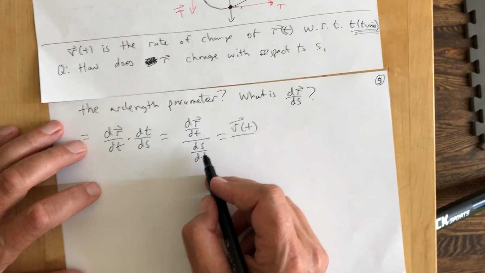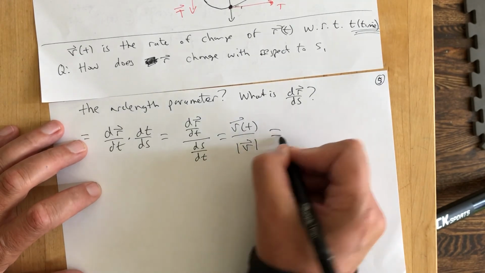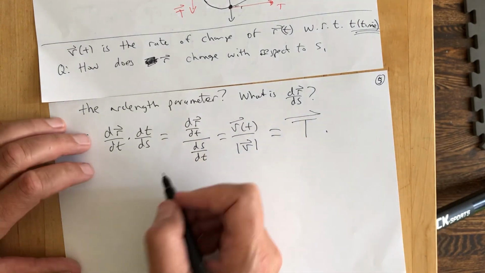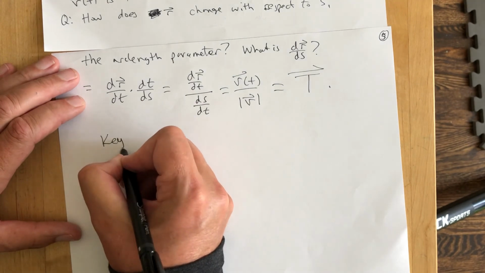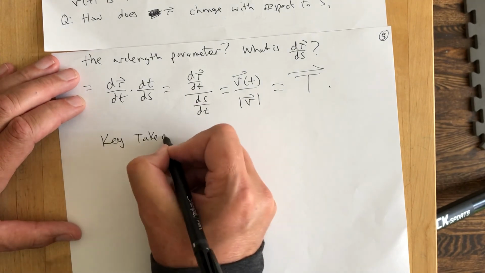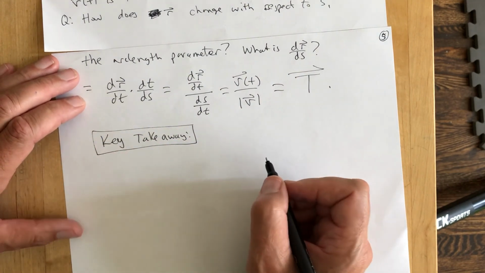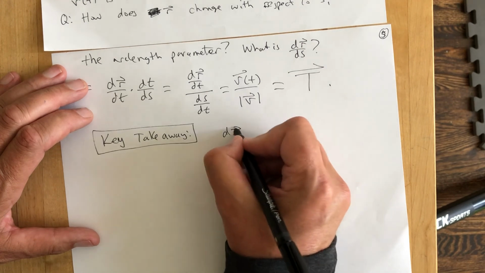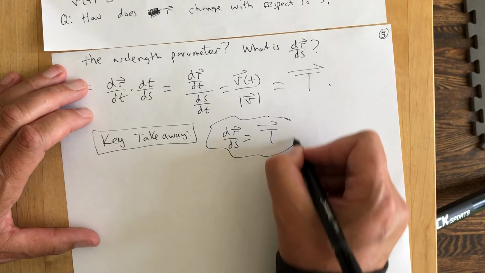And up above somewhere, we have that ds/dt is the norm of v, and that's just T. Okay? So here's the takeaway. I'm going to use this a bunch in the days to come. dr/ds is T. All right.